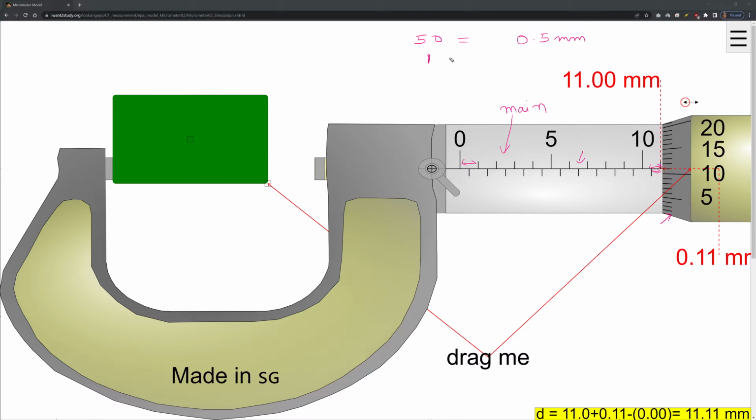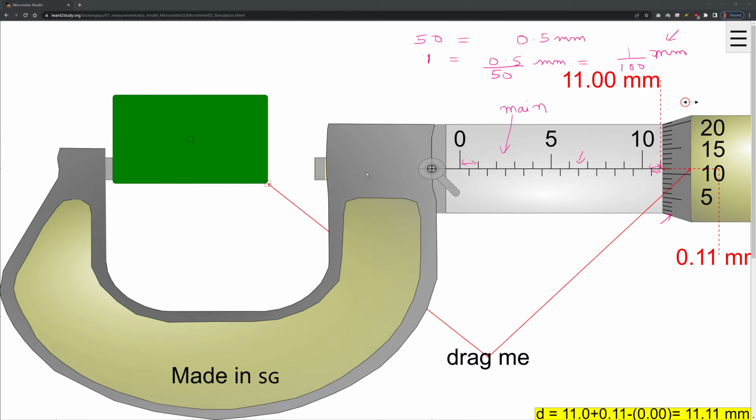One gradation is equal to 0.5 divided by 50 mm, which is 1/100 mm. Just by using this simple screw mechanism, I was able to increase the accuracy to 1/100th of a millimeter, which is very, very accurate.